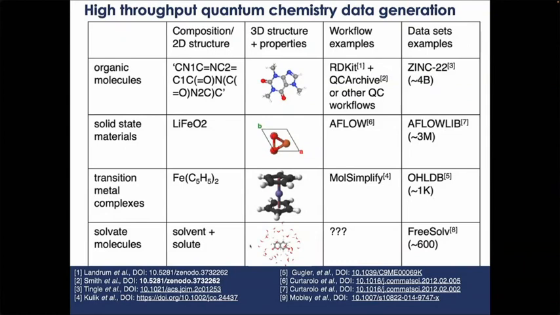But I found that one field where we have less large data sets available is solvated molecules. If we look for data sets for solvated systems, solvated molecules, those data sets are usually at most hundreds of data points.